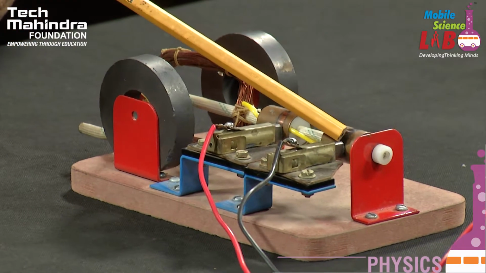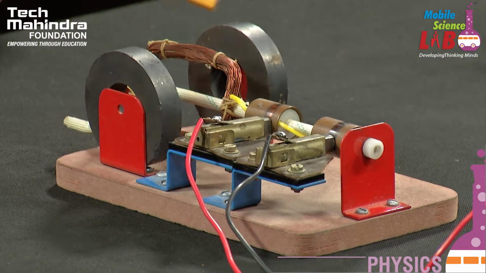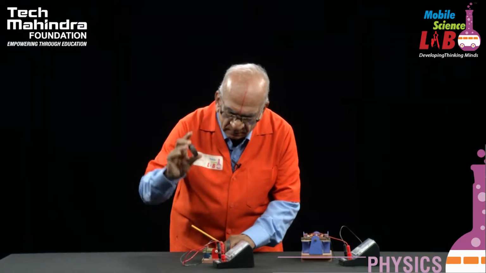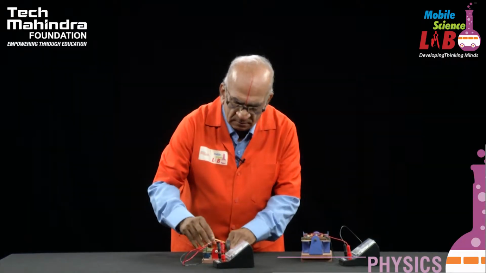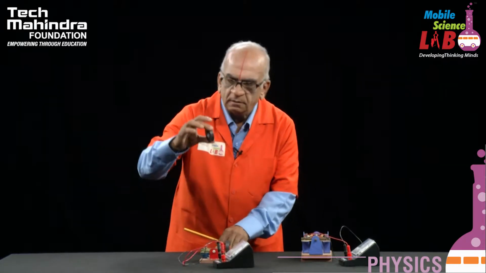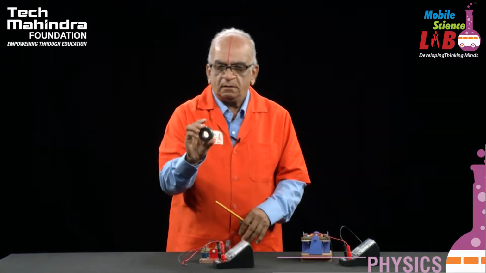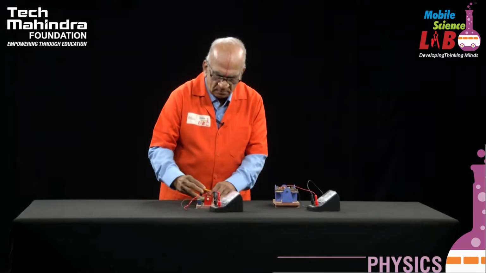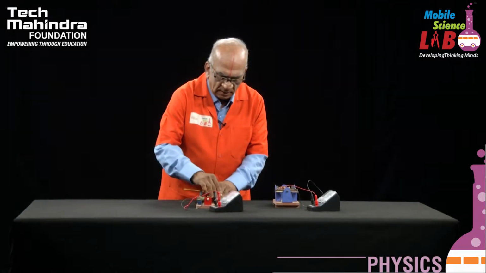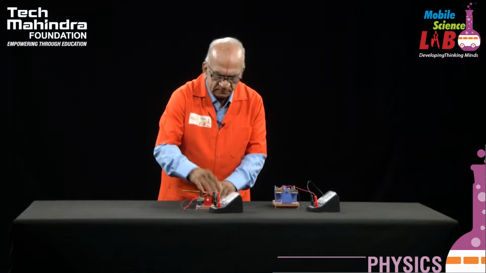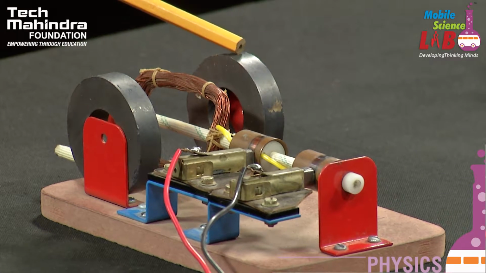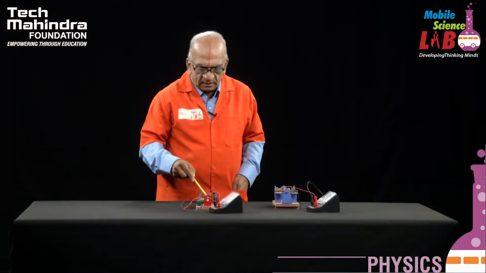There are two split rings, and you have a magnet. This is one magnet, this is another magnet. These are the slip rings.